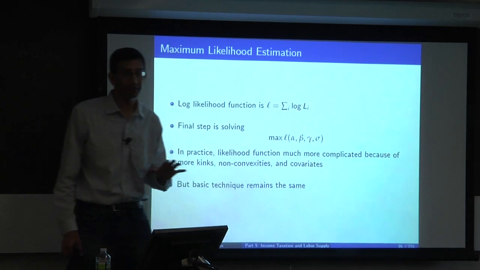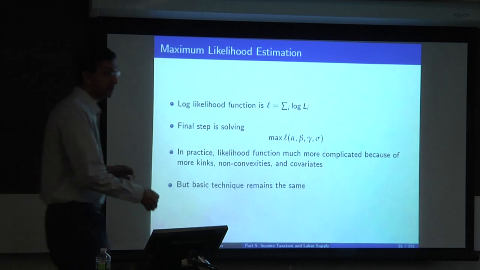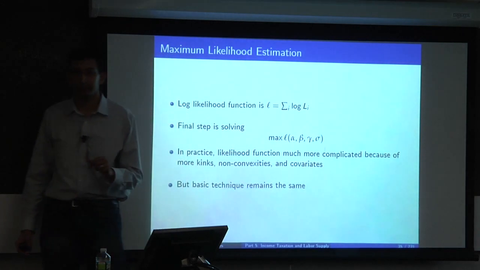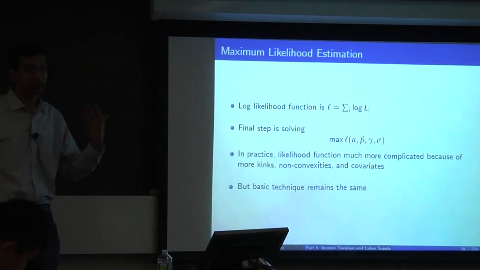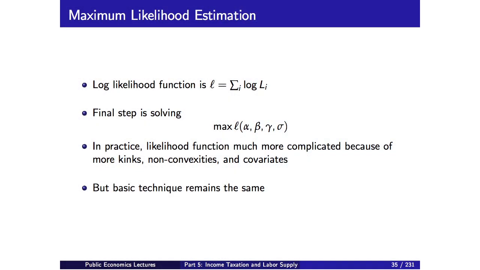This is usually quite complicated because once you have a lot of parameters, like heterogeneity and so on, it becomes a very high dimensional problem, and you're optimizing a function over a very high dimensional space, which is incredibly messy. In practice, the likelihood function is more complicated because you have many other components, but the basic logic doesn't change. Questions about that? All right.